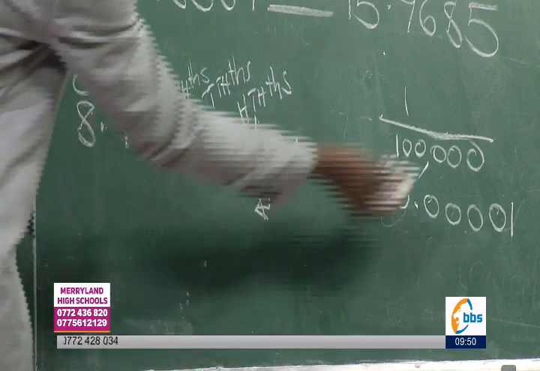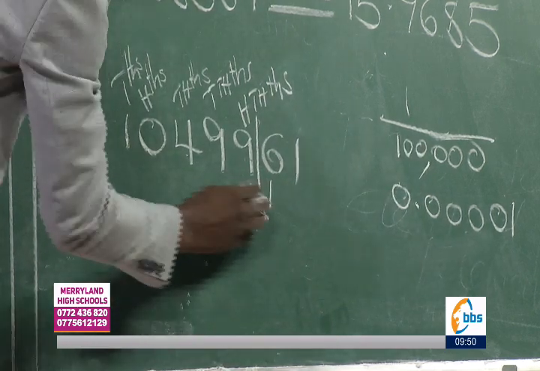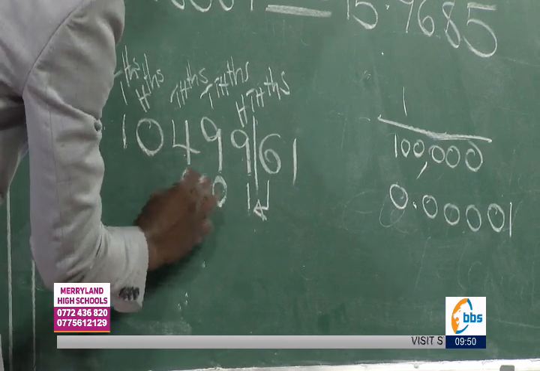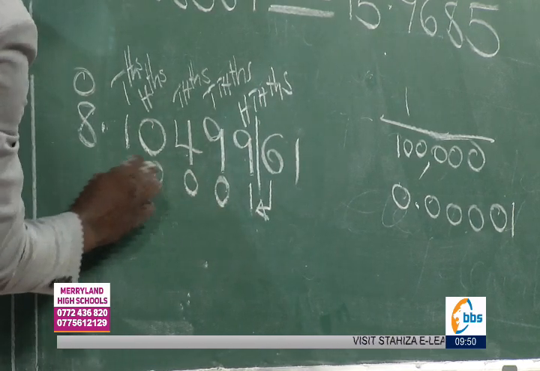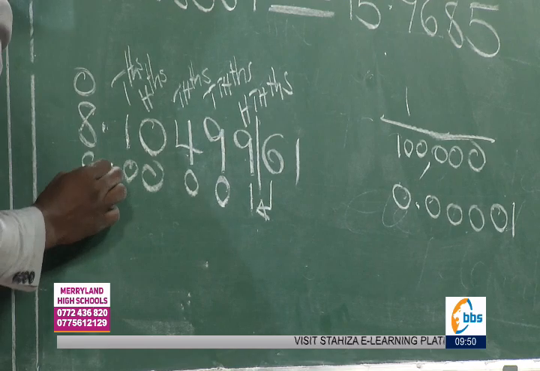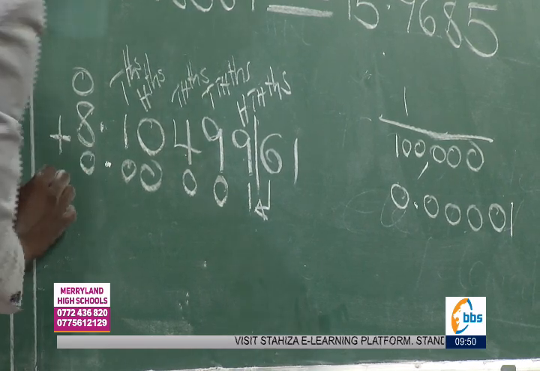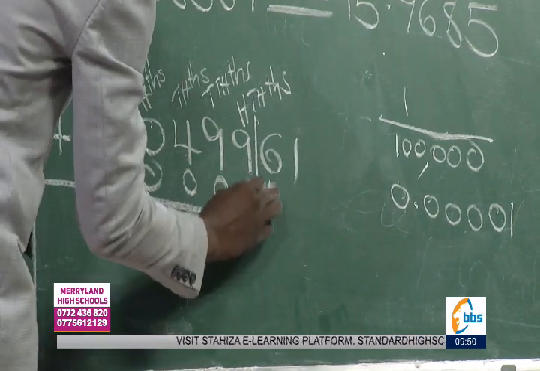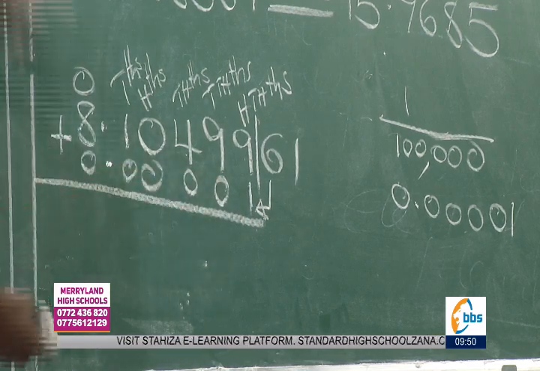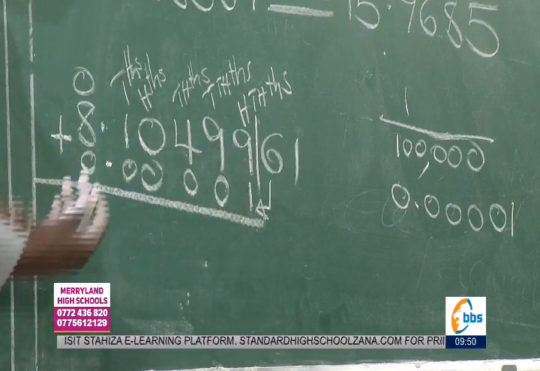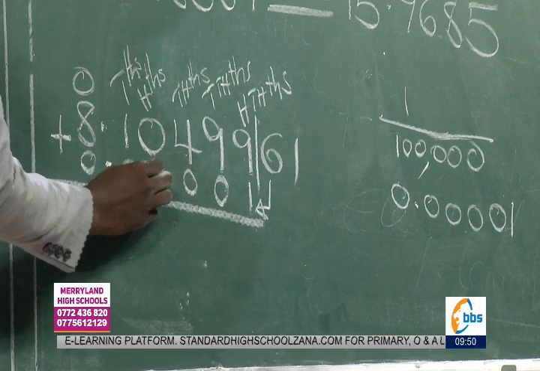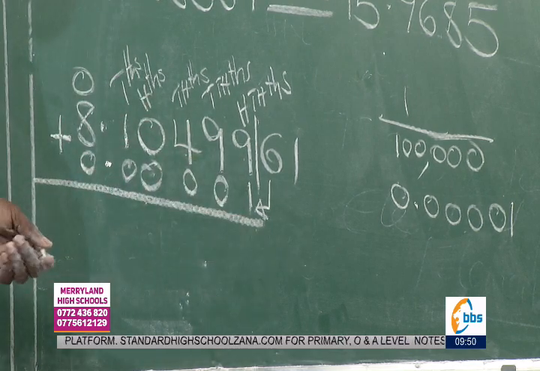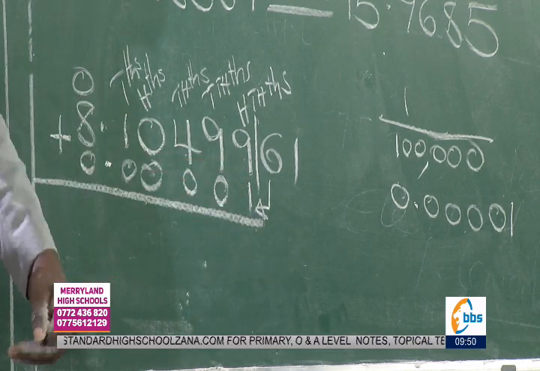You will add 1 here, put this 0, 0, 0, 0, put your point 0 here, then you add. Don't add on 1 like that. When you're adding on 1, you have not arranged according to decimals and their place values. 1 is a whole number. You can't add on 1 because 1 is a whole number.